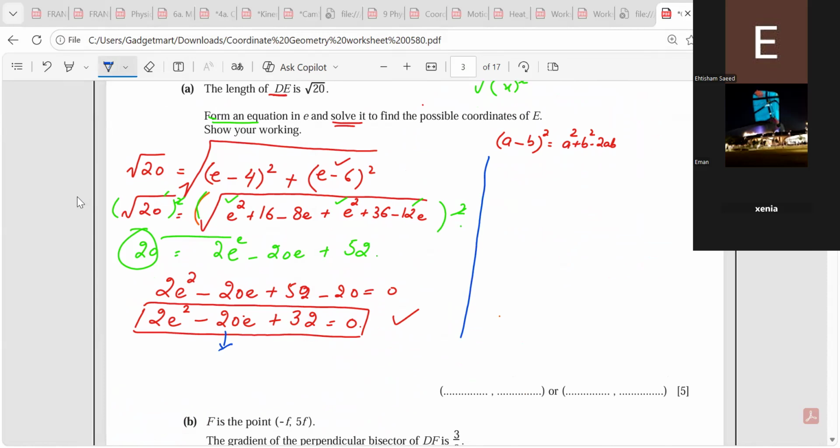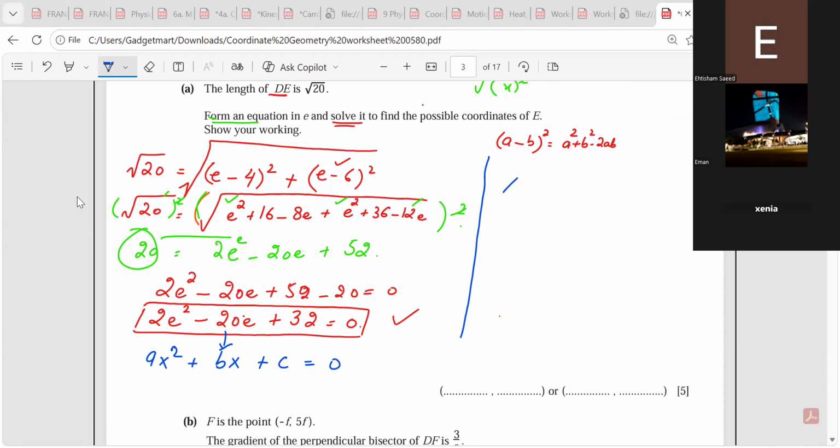This is a quadratic equation. Ax square plus bx plus c equals to 0. We know that this is the form. Highest power is 2. So this is a quadratic equation. And we have learned the ways to solve quadratic equation. How will we do it? By using quadratic formula.